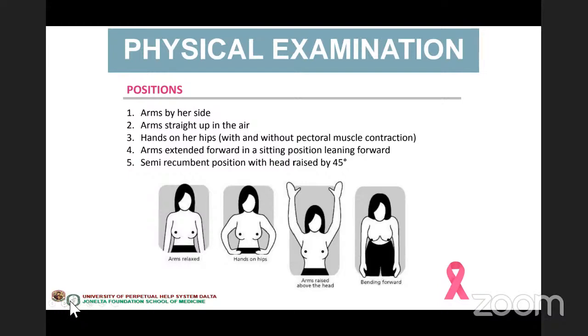Okay. So for your physical examination, you have the arms by the side, arms at the waist position, up in the air, arms extended forward in a sitting position, and your semi-recumbent position.